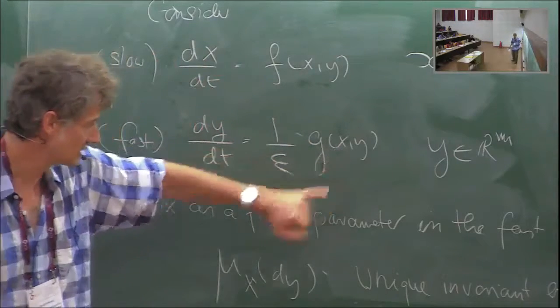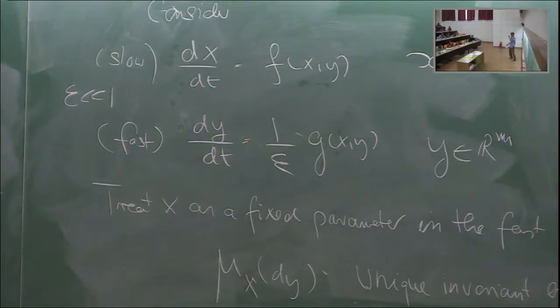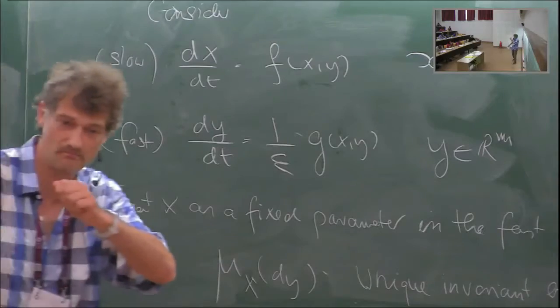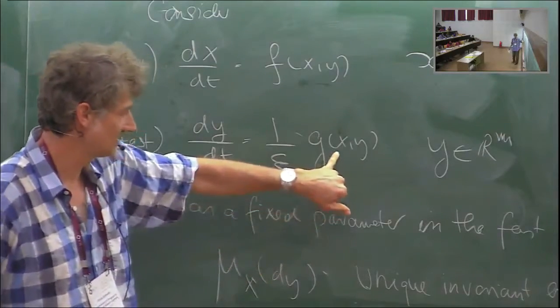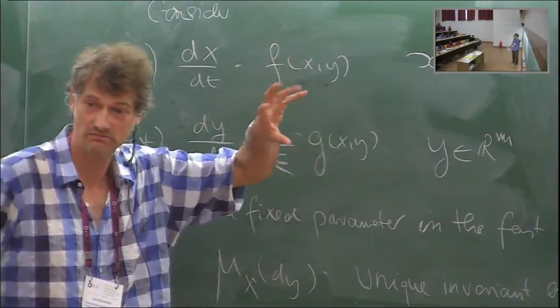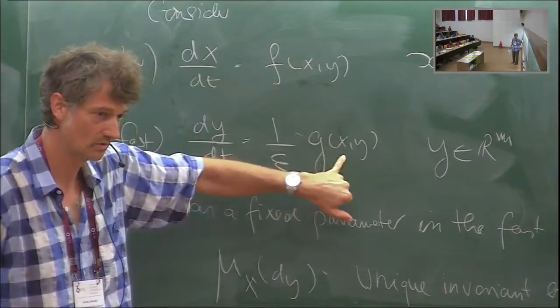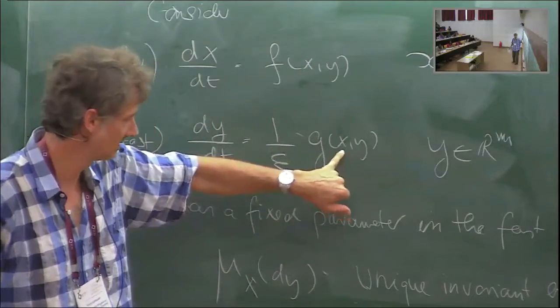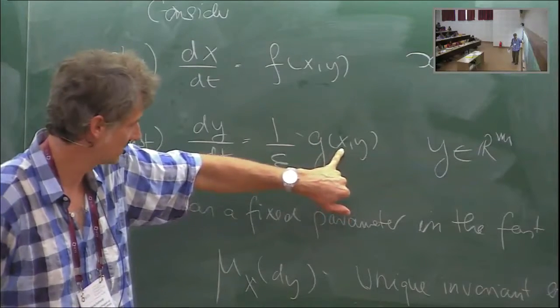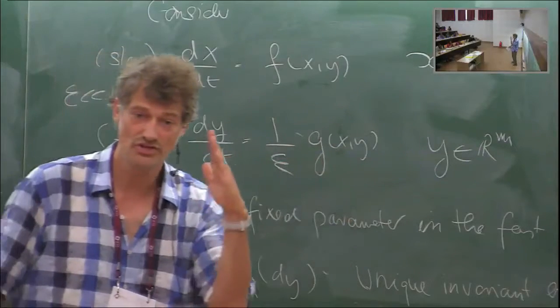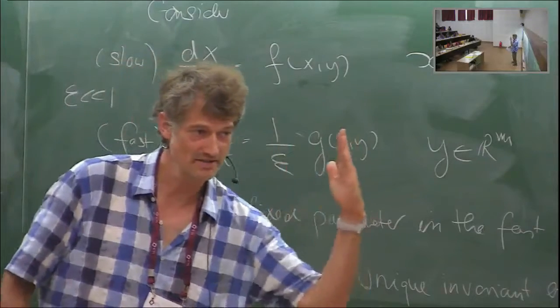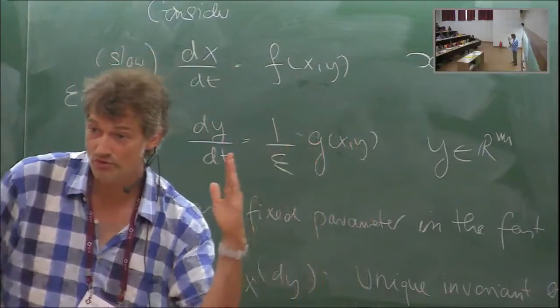So let's imagine that my x is like a slope parameter, and you have all these attractors or fixed points, or limit cycles, whatever you want. And let's say you cycle through and the measure doesn't change smoothly with your x.